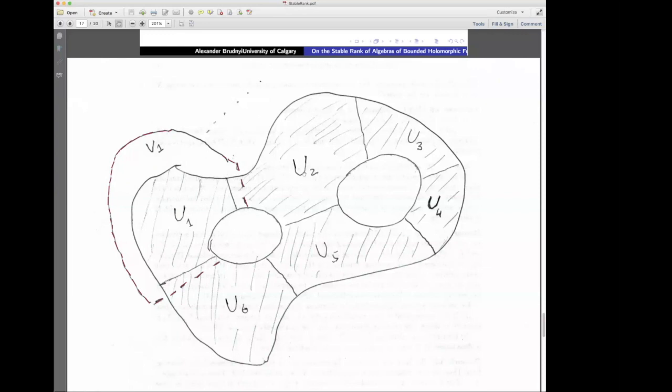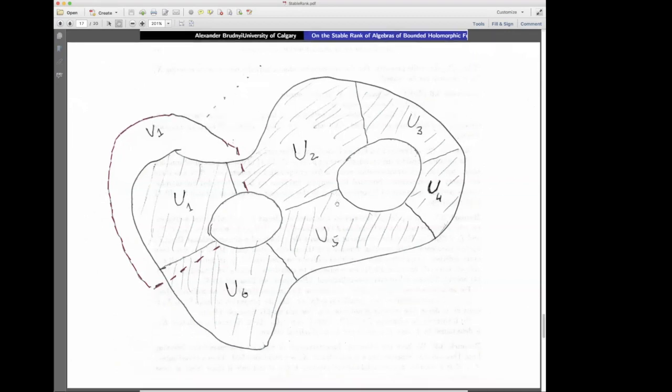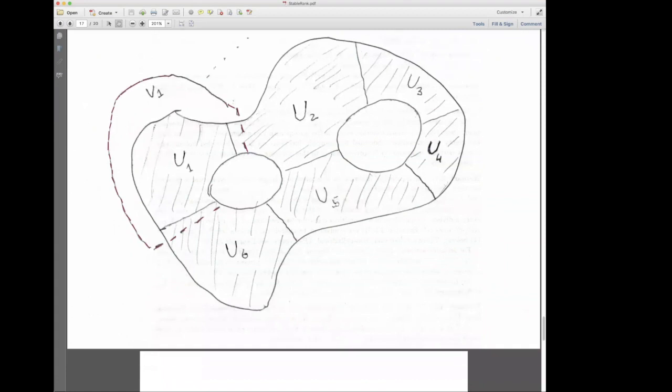Moreover, the intersection of U2, U3 is a unit interval here, U2, U5 still a unit interval here, U6, U5 still a unit interval here, and so on. So it's possible to do this using the Whitehead theorem, and it's not difficult actually, modulo the Whitehead theorem, of course.